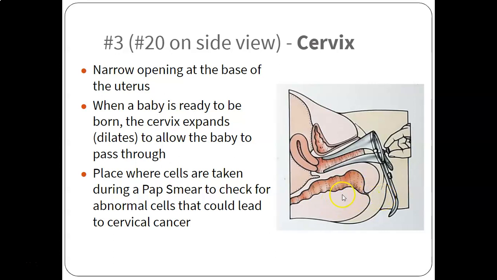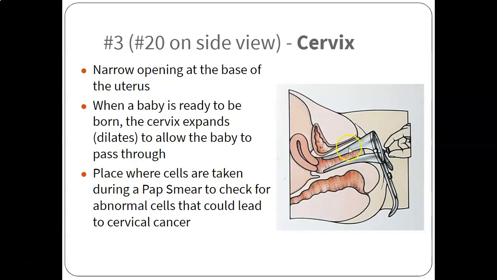Okay, so you've got one exit, another exit, and then there in the middle there is a third opening, which is the vagina. Okay, and what you see here, this metal thing that looks like a duck bill, that's called a speculum, and that is a device the doctor uses to take cells from this cervix for a pap smear.